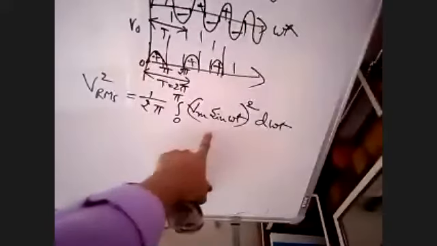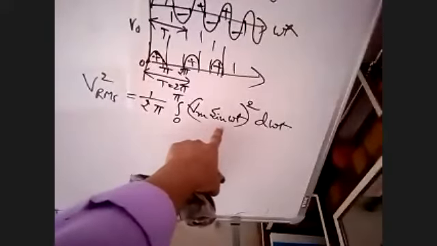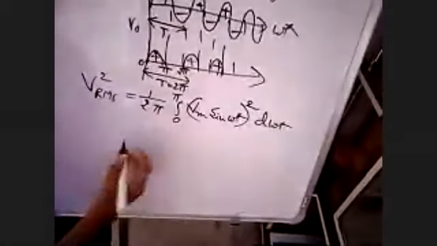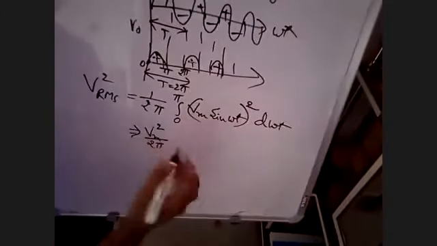Vrms square is equal to the integral of instantaneous value whole square, Vm sin omega t whole square. Now I have to determine the RMS voltage. See here how we will determine. Vm is constant, take outside the integral.